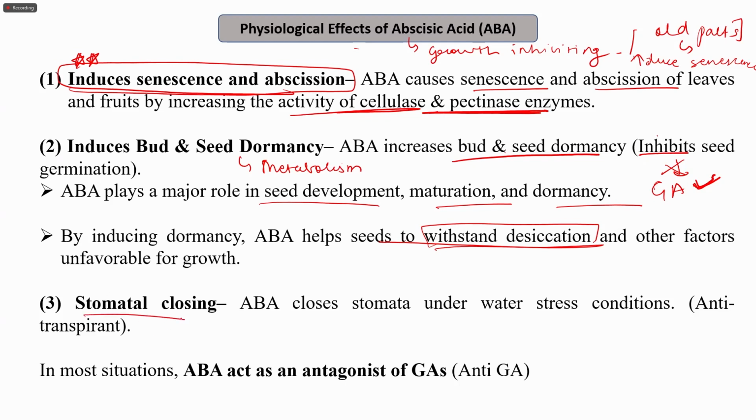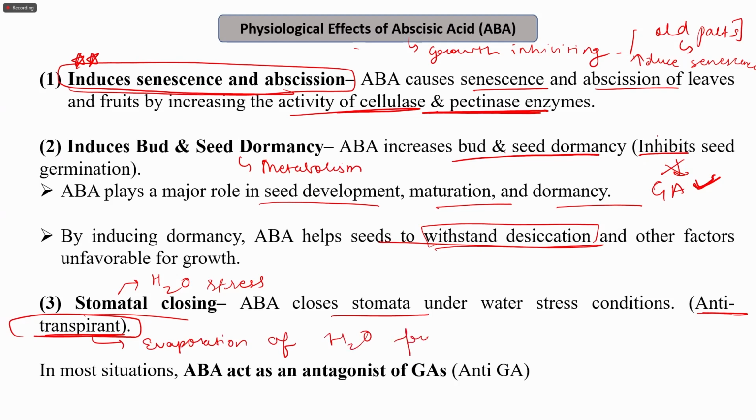Third is stomatal closing, as I mentioned during the water stress. So ABA closes stomata under the water stress condition, anti-transpirant. Transpiration is the process of evaporation of water through the stomata of the leaves, right?